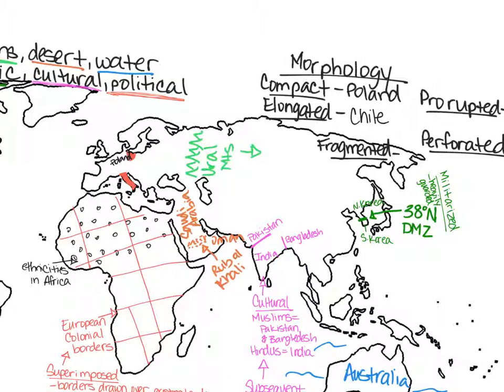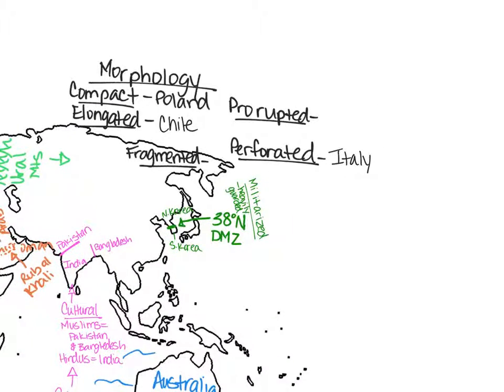Okay, prorupted. We're going to use Thailand for prorupted. Okay, so Thailand is just right here. Now, you know how when we sketch map, I always say, oh, it's got like a little arm that comes out.